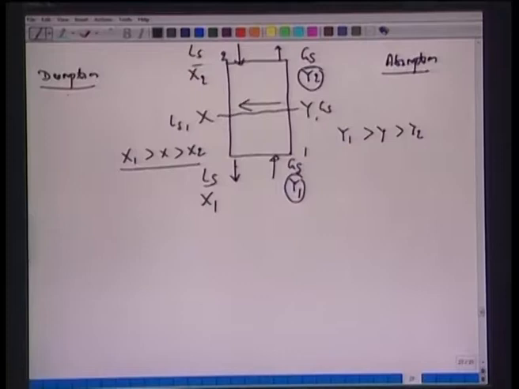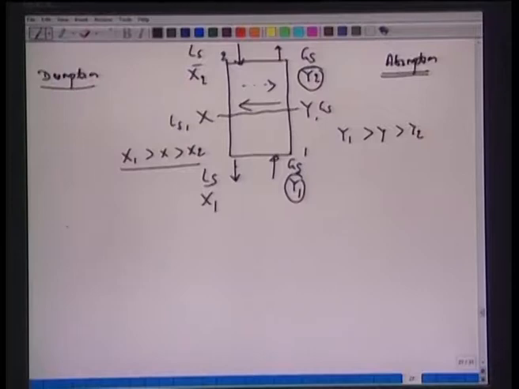For desorption, the condition is reverse. Already we have a liquid with a very high concentration of X, and we want to strip it in the opposite direction to the GS, etc. So qualitatively the treatment for absorption and desorption is the same here. So this is what we have as schematics.